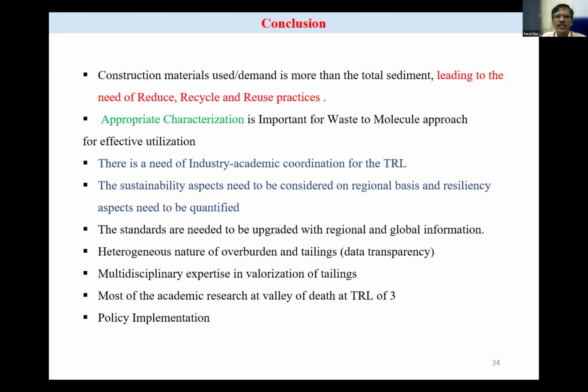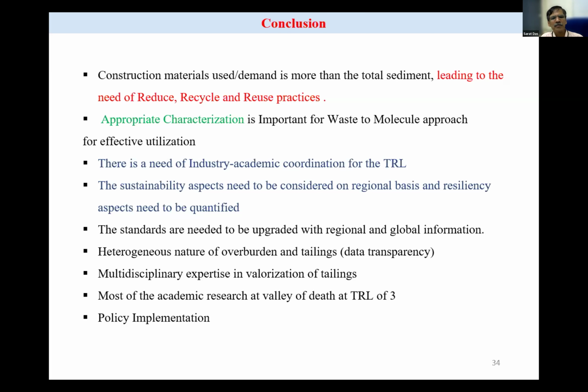We were saying waste to wealth, but now the target should be a waste to molecule approach. As I said, many toxic materials, what we say toxic or heavy metals, are a resource for many chemists or metallurgists. So we have to analyze up to molecule level to find out whatever is there in it. It can be used for better valorization.